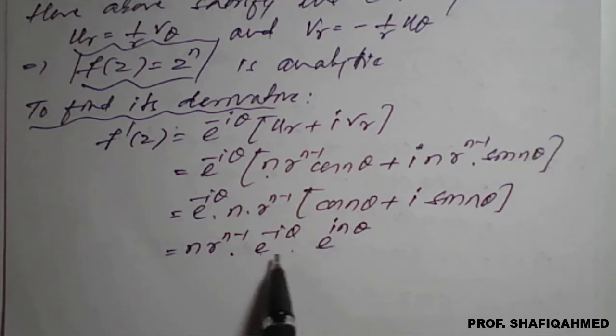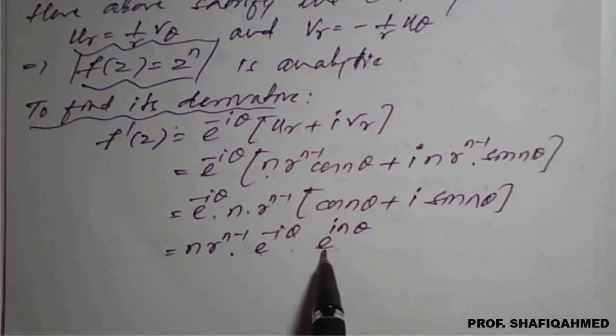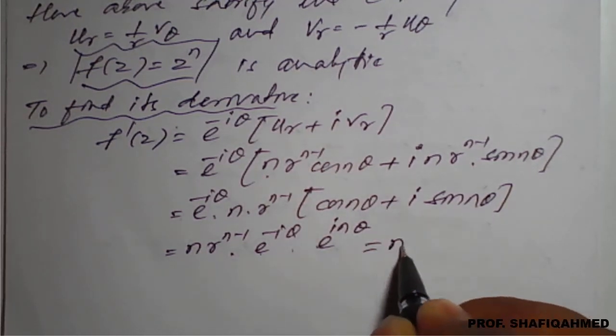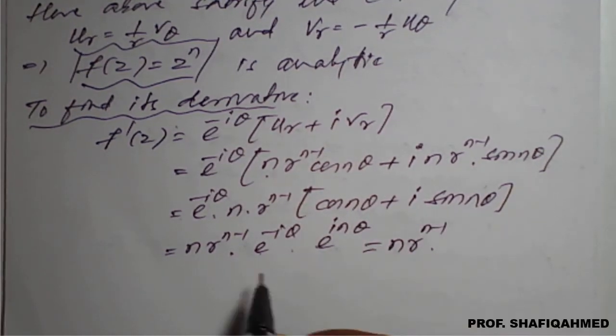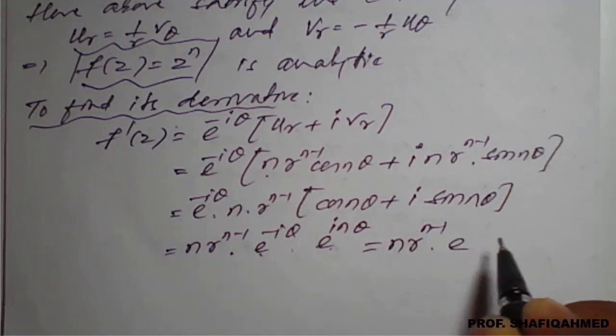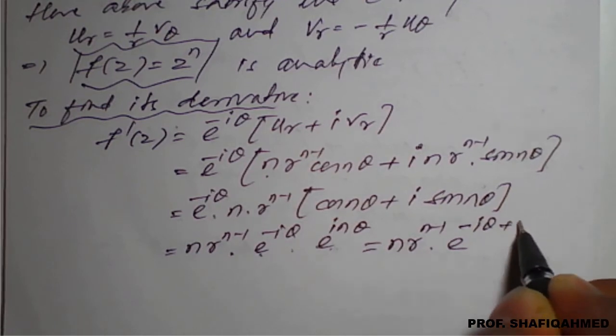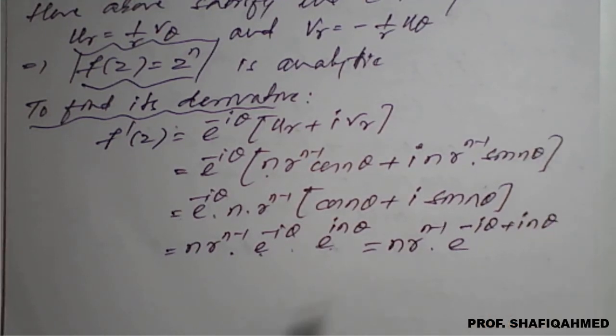So we have the same base e, so we can easily add the powers: n r raised to n minus 1, e raised to minus i theta plus i times n theta.